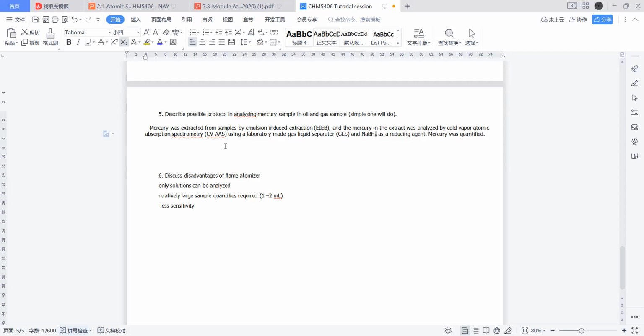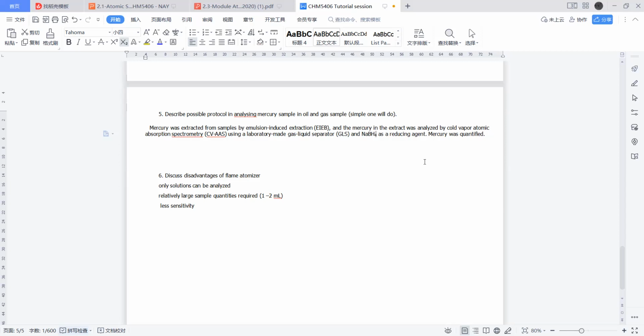So one thing is we have to think about the sample. The nature of the sample is oil and gas. Usually from the oil and gas industry, the sample might be wastewater, it might be condensate, so it might be a bit of liquid gas.